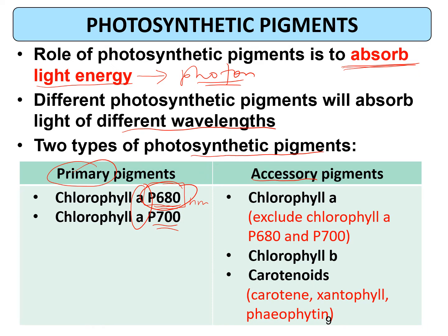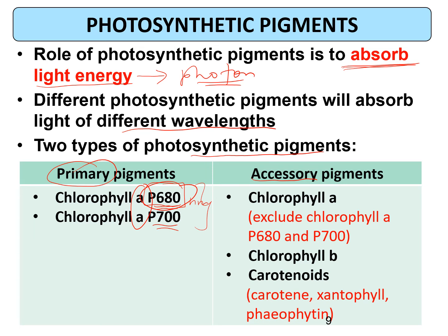So the rest of the chlorophyll A that absorb other than 680 and 700 nanometer will be the accessory pigments, because this is the most effective, that contains an effective amount of energy that will be effective for the photosynthesis.